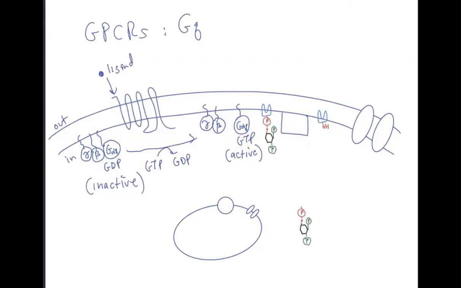Remember, the activated G protein has a target enzyme, and in this case, the target enzyme is going to be phospholipase C, which is indicated here, and it's going to be acting upon a phospholipid called phosphatidylinositol bisphosphate, PIP2.